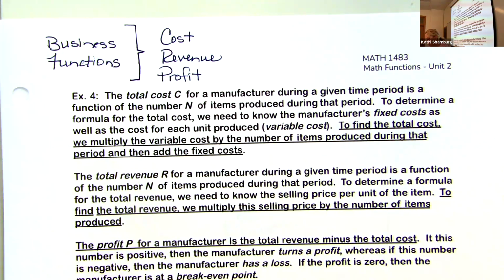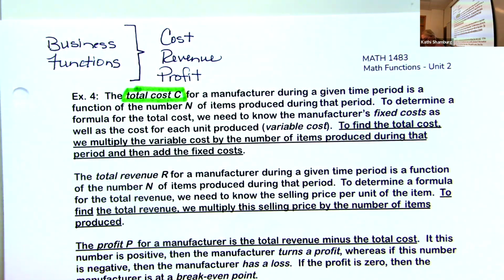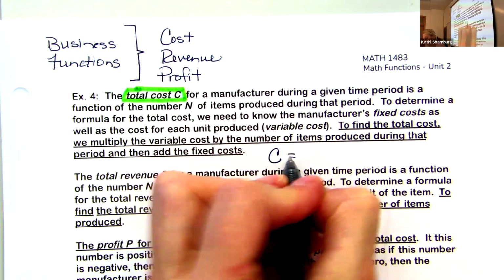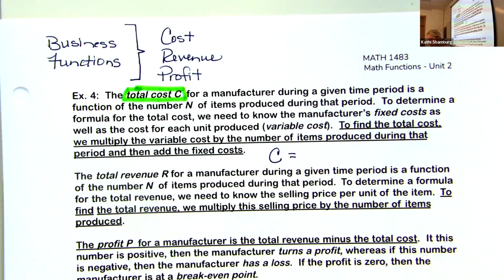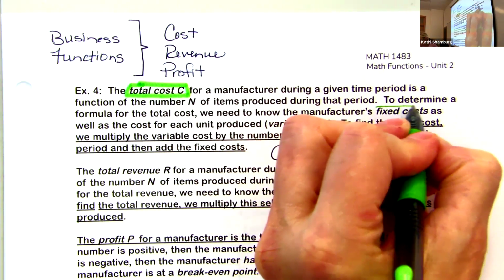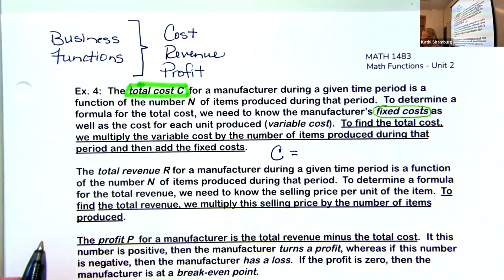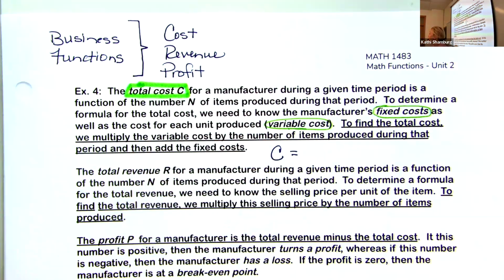All right, so the first one that it talks about is your total cost that we're going to call C. The total cost C for a manufacturer during a given time period is a function of the number of items produced during that period. To determine a formula for the total cost, we need to know the manufacturer's fixed costs, which we're familiar with, as well as the cost for each unit produced, the variable cost, which we're also familiar with.